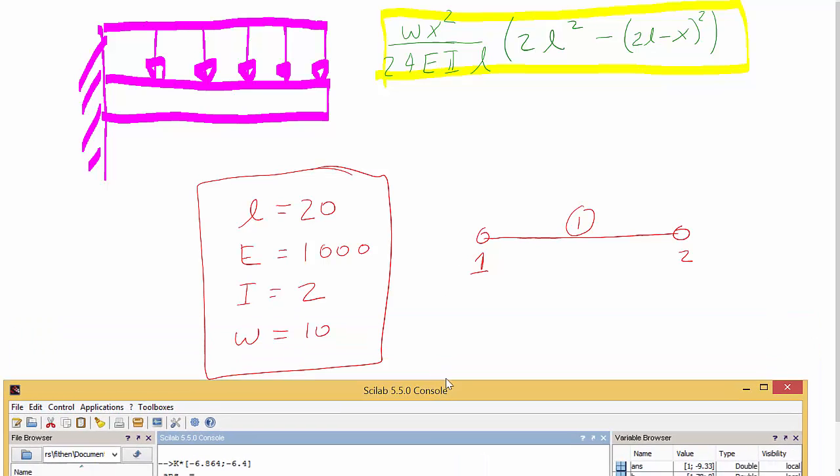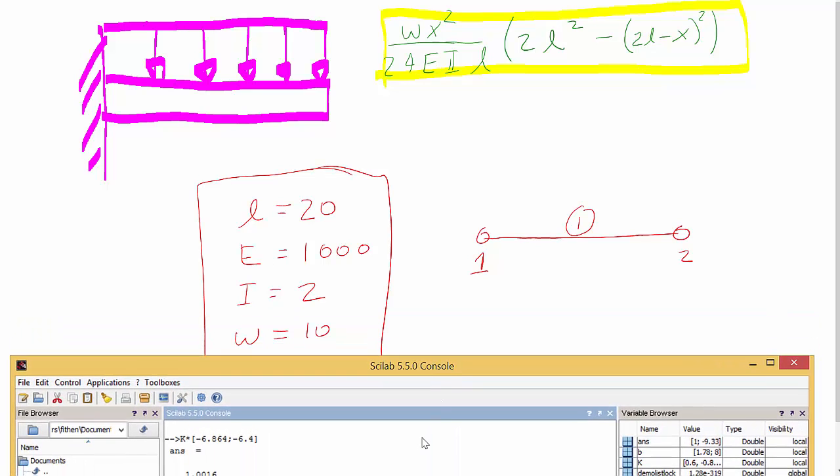So I'm going to do a clear, and I clear the screen. And then I'm going to put in L is equal to 20. E is equal to 1,000. I is equal to 2, and W is equal to 10.